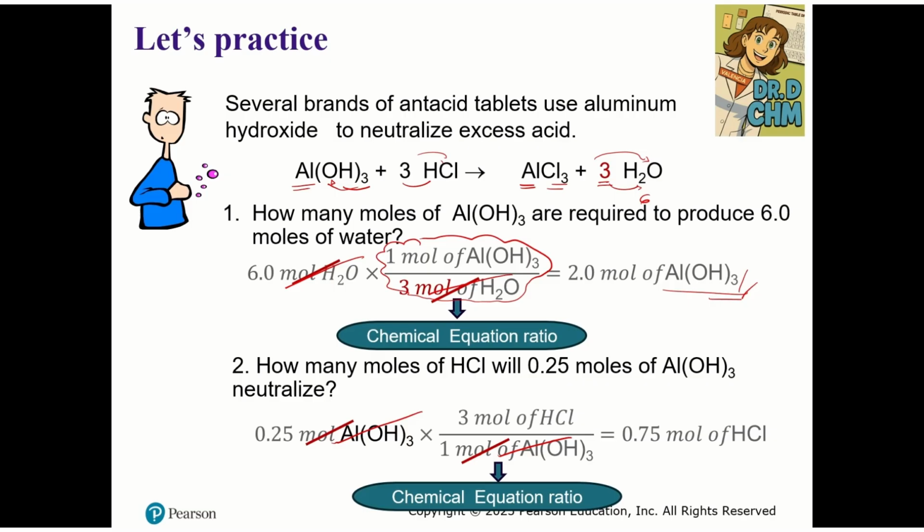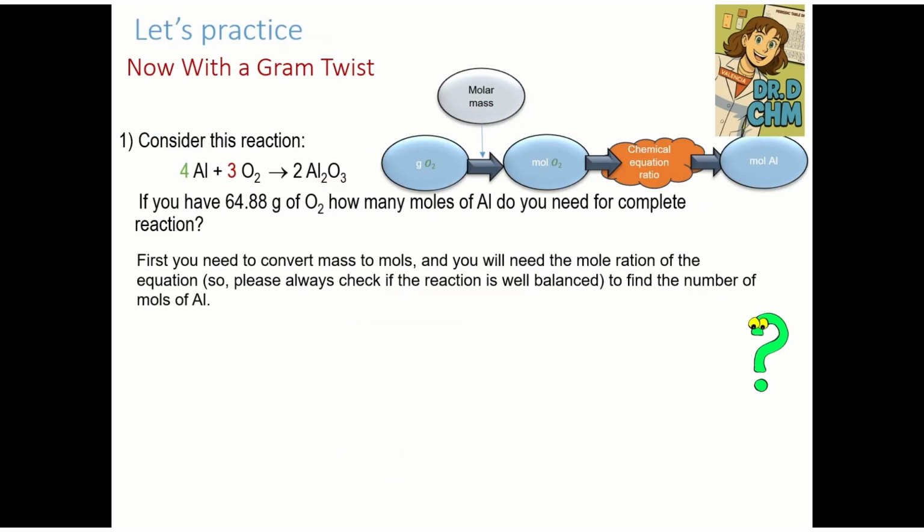Okay, so I gave you moles, and you must ask yourself, what if I have grams instead of moles? Okay, so here, one more question. We have this reaction, and you have a mass of oxygen, and they are asking you the mass of aluminum that you need to complete the reaction. That's a hint for you.